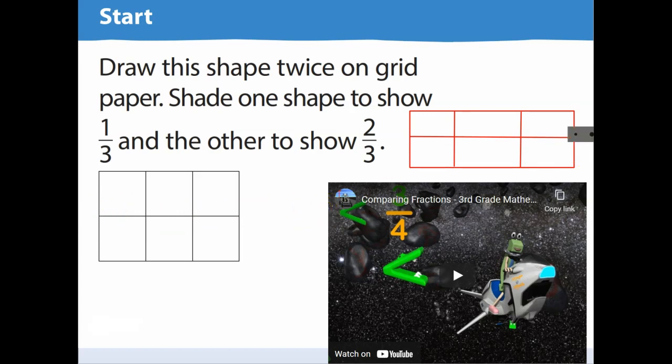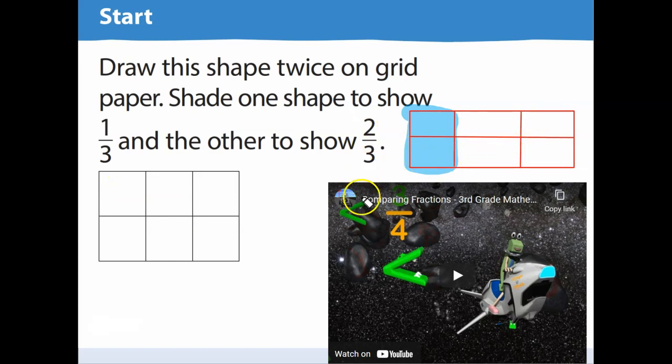Okay, so 1/3 means this, right? Yes, that means 1/3. Okay, so if I put the line back, that means how many sections did I color in? 2. Okay, this is my third.